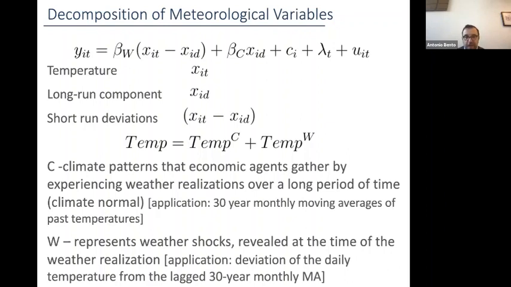Now, if you think about how economic agents make decisions here, this is going to require adding a series of assumptions that, depending on the application, would vary. For example, in the application to ozone, given the structure of the Clean Air Act and the regulations, I am going to lag these moving averages by 1 year to basically give economic agents 1 year to adapt. You may think that this is too short a time, and so we could then do a series of robustness checks by altering those lags.